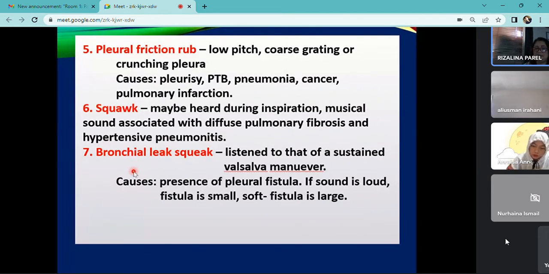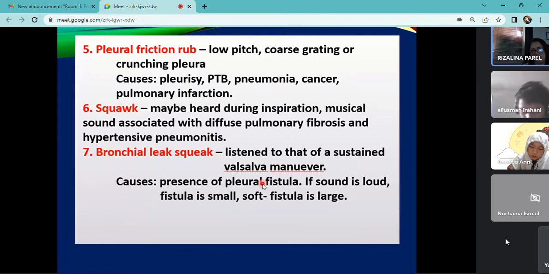The seventh adventitious sound is the bronchial leak squeak. Bronchial, from the bronchus. The sound is like something leaking there. Listen to that of a sustained Valsalva maneuver, like when you bear down. That is the bronchial leak squeak sound. What causes it?